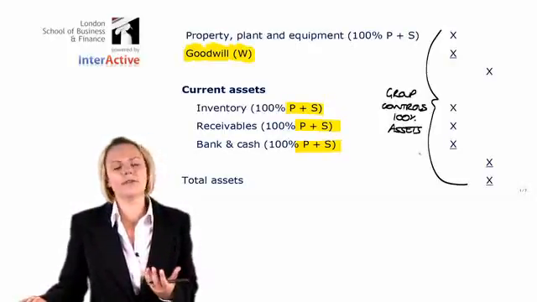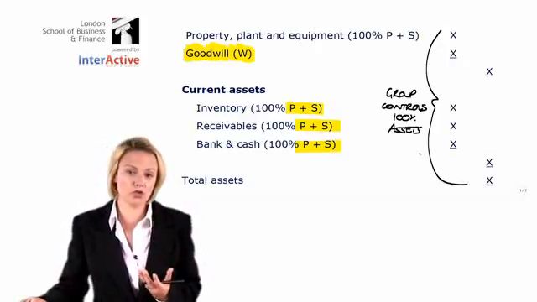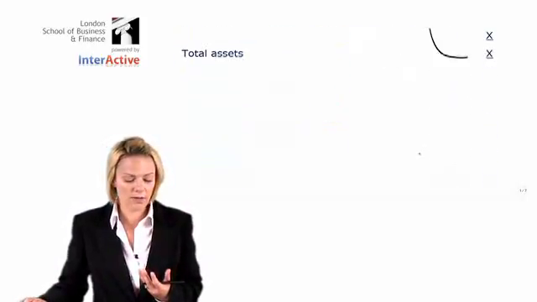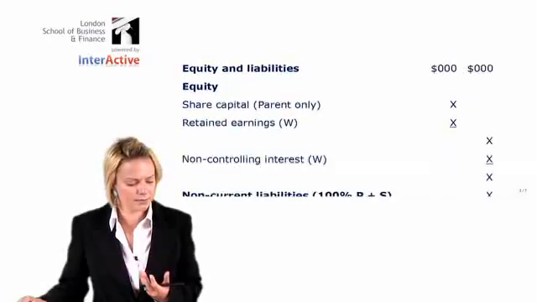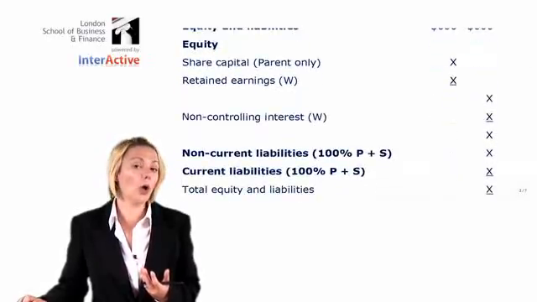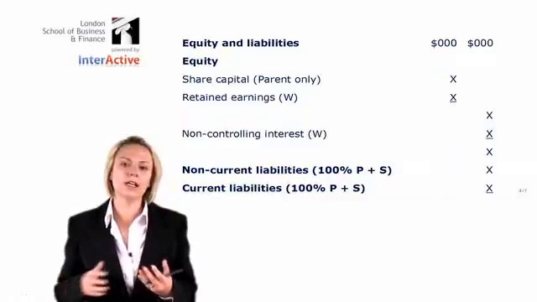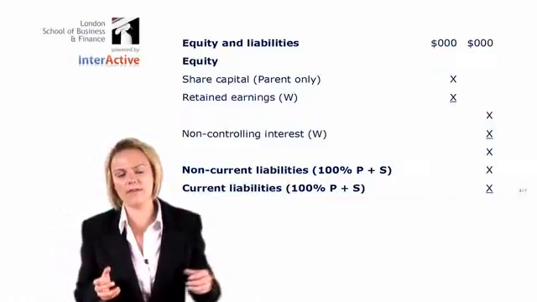Now, the entire statement of financial position can't be based on control. For example, equity will be based on ownership. Okay? We can't avoid the legal form forever.